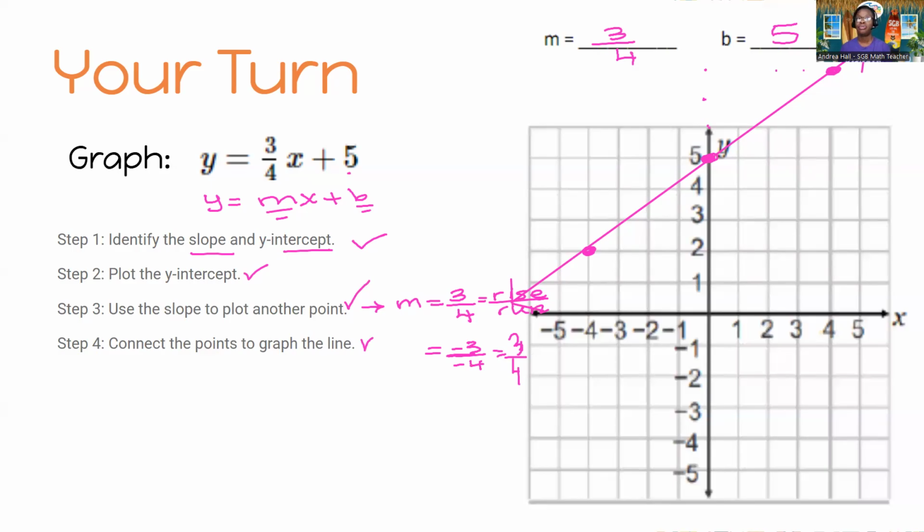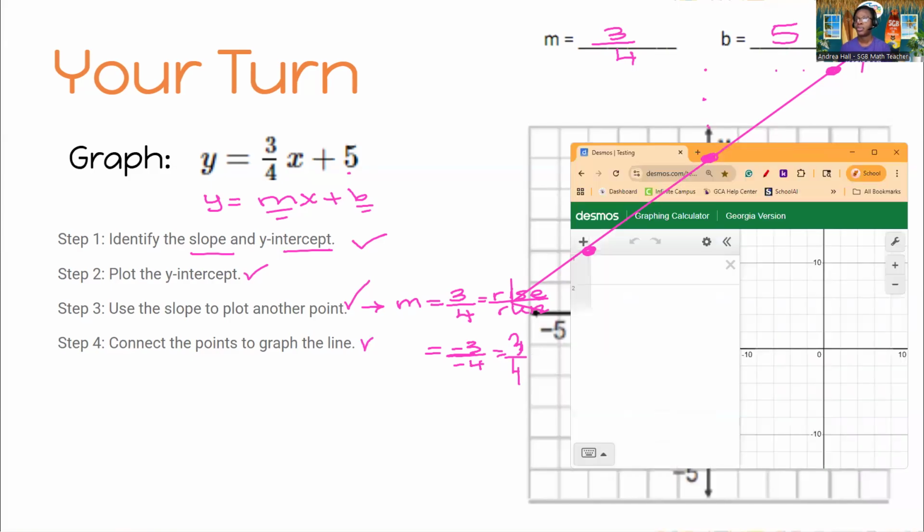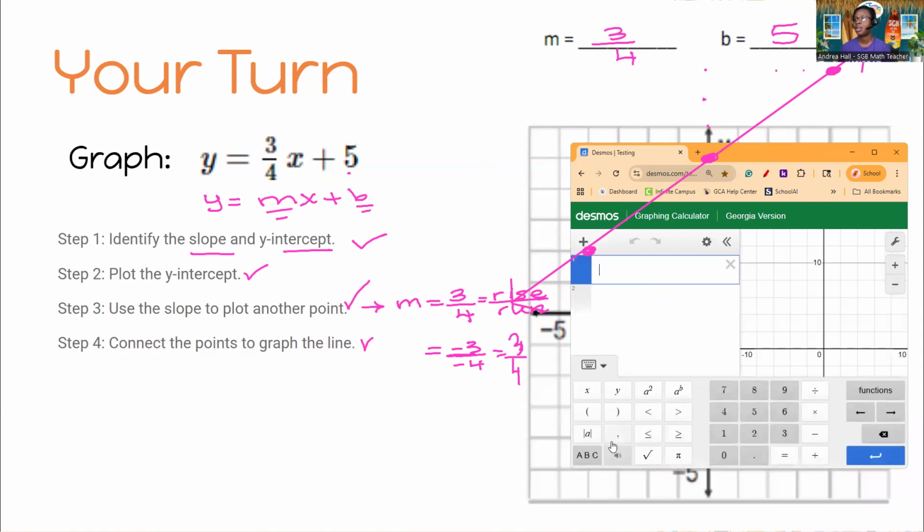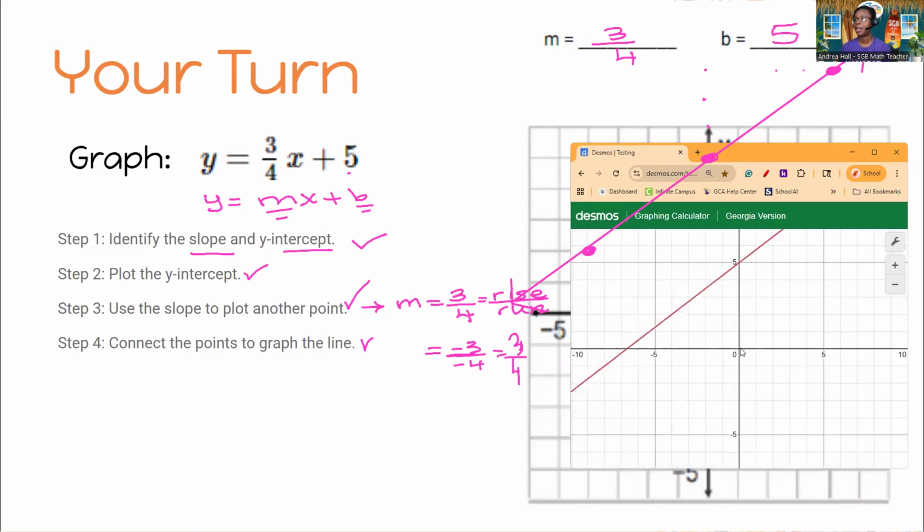Now, there is a resource that you guys can use. You can use your Desmos graphing calculator to graph this. So if I was to put this in my graphing calculator, I would open up my keyboard. I would say y equals 3 divided by 4, make sure I come out of my denominator, and say x plus 5 and graph it, and it should match.